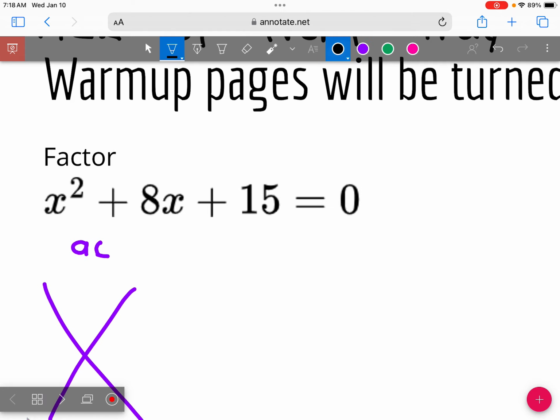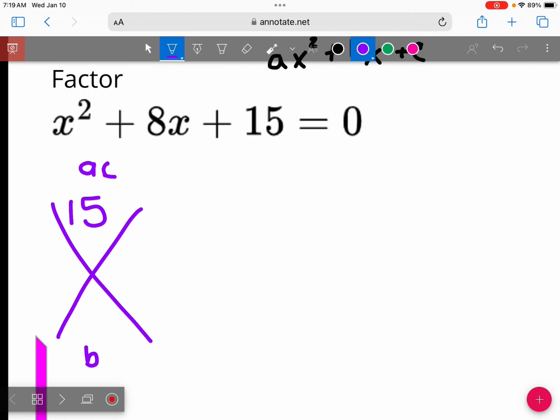And the A, B, and C are all based off of our standard form here, AX squared plus BX plus C. So A is always with the X squared, B is always with the plain X, and C is always by itself. So my A and my C, we multiply together at the top. So 1 times 15 is 15. And at the bottom goes my B, which is 8.